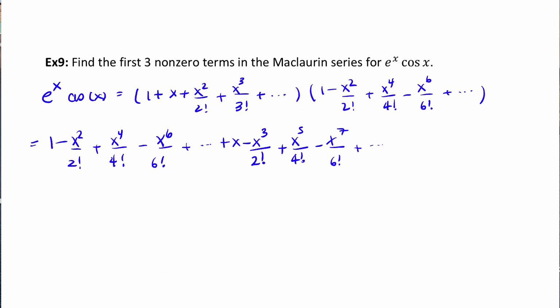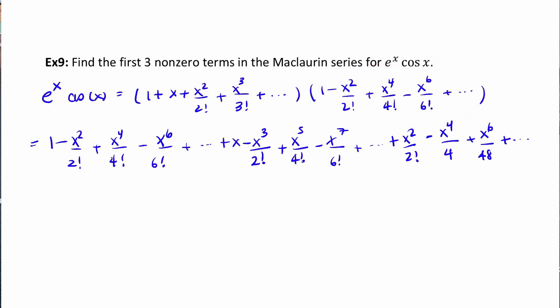Then I'm going to see what happens when I multiply x squared by the whole thing. I get plus x squared over 2 factorial minus x to the 4th over 2 times 2, which is 4, plus x to the 6th over 4 times 3, you get 12 times 2, 24 times 2, you get 48. That's good enough. Then let's see what happens if I multiply x cubed over 3 factorial times this whole thing.